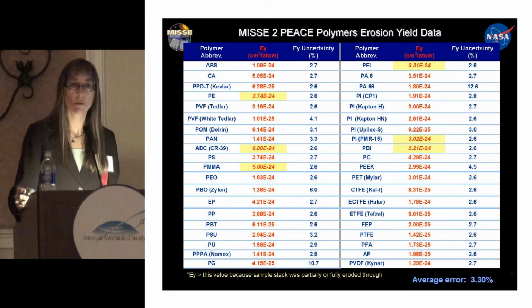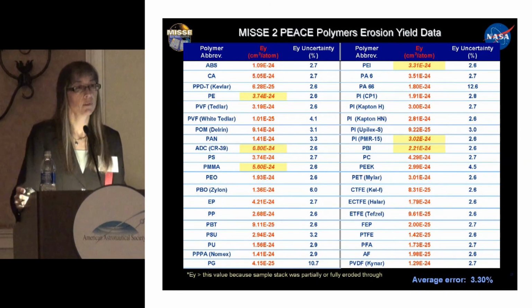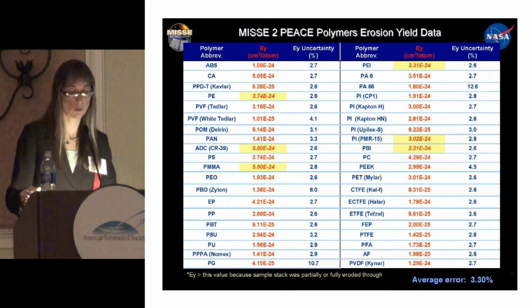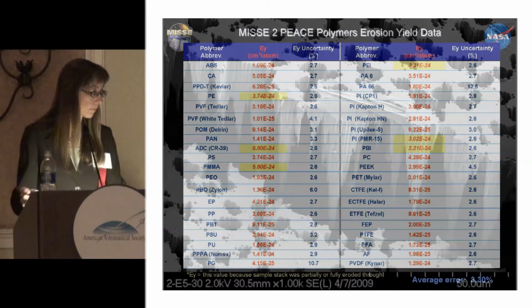Fortunately, I've been able to take those same 6 polymers and fly them as part of MISSE 6 so that we are able to get more accurate data for those samples.